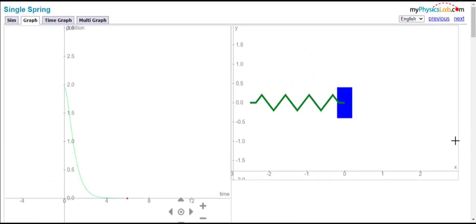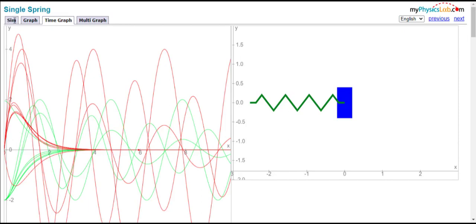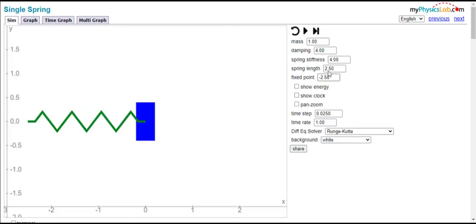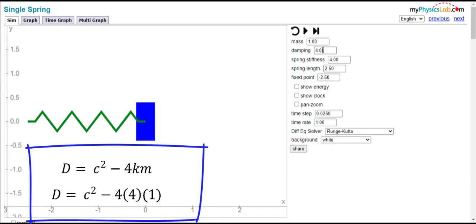Now let us make d less than 0, which is the underdamped case. How to make d less than 0? Let us go to the sim, and here if we make the value of c less than 4, the discriminant will be less than 0.